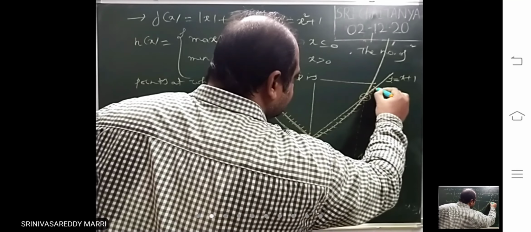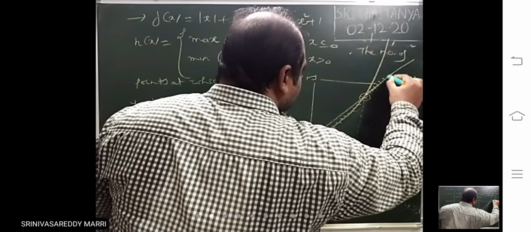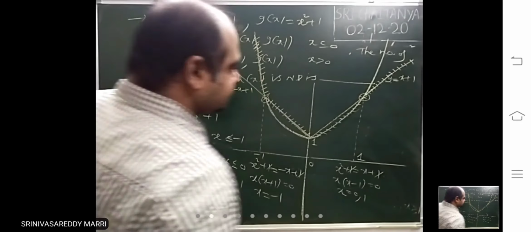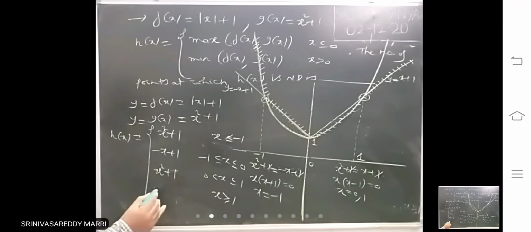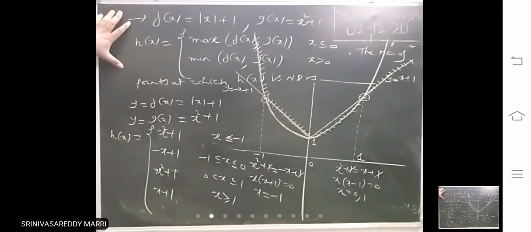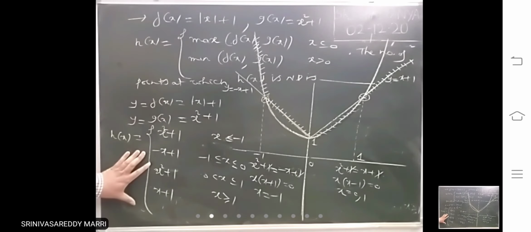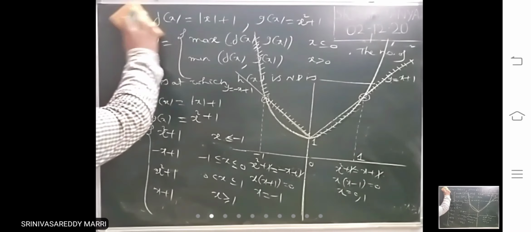This one. So that means x plus 1. Now what he is asking? The number of points at which it is not differentiable. This you got, right? Now at minus 1 you check. Rule changing points. Let us check.